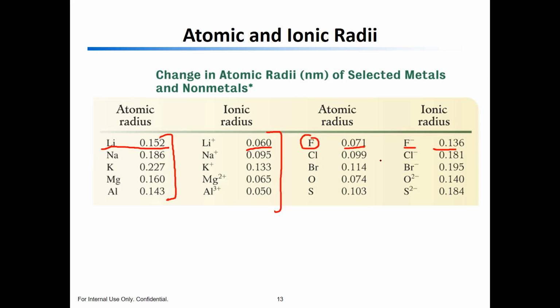So when we remove an electron, it gets smaller; add an electron, it gets bigger. Kind of makes sense. We have certain equipment that can measure the radius of an atom, and maybe around chapter 10 or 11, towards the last week of class, we're going to talk about how that is done.